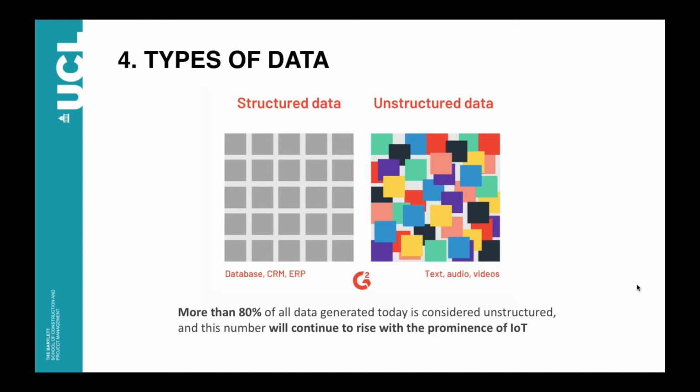Keep in mind that more than 80% of all the data generated today is considered unstructured, and this number will continue to rise with the prominence of the Internet of Things.